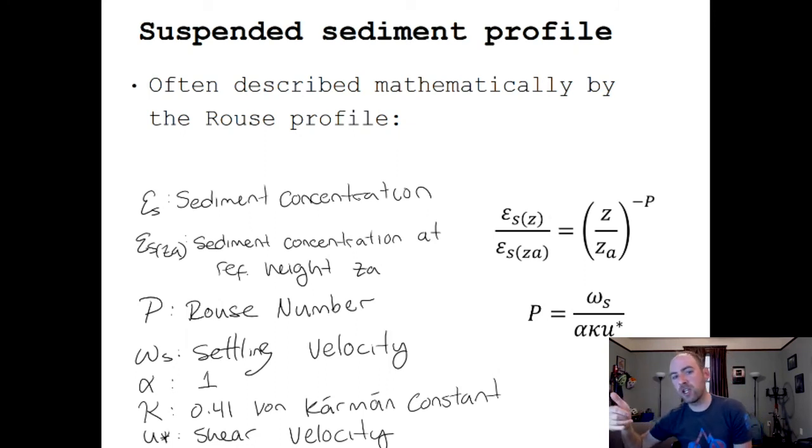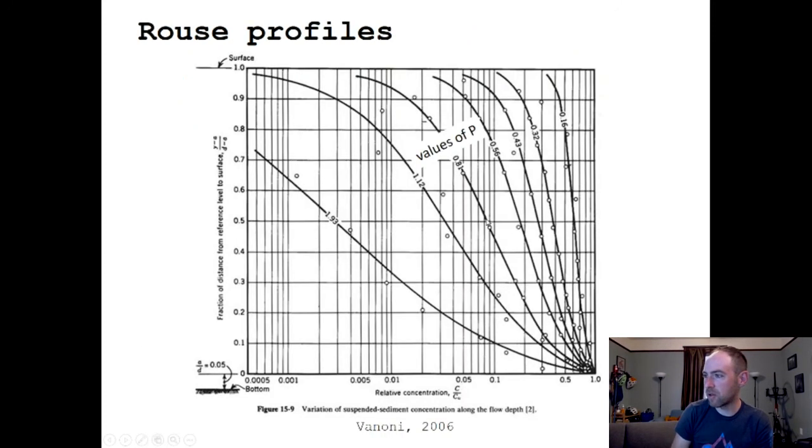If you have a high shear velocity U star and a low settling velocity Ws, then that's going to be a very small number, right? And that's going to result in a flattening and higher concentration further away, if that makes sense.